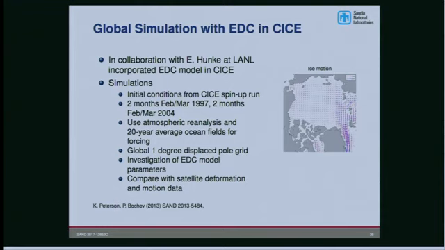We simulated 2 months in February-March 1997 and 2 months February-March 2004 to do sensitivity analyses, really. We used atmospheric reanalysis and just 20-year average ocean fields for the forcing. This was all run on a 1-degree displaced pole grid, and we wanted to investigate some of the parameters of our constitutive model.